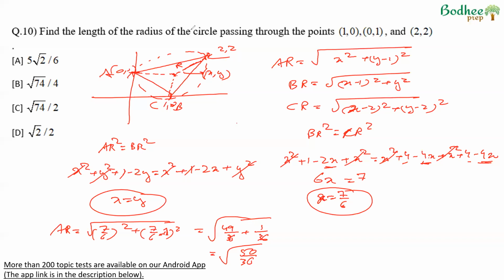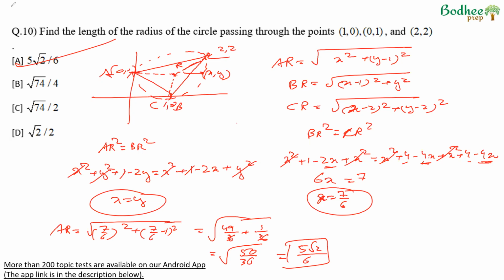Just to clear this up, this is the (y minus 1) square. What I've done is put the value of x into the equation for the radius. 50 can be written as 5 root 2, and root 36 is 6. So the radius AR becomes 5 root 2 by 6. Option A becomes my answer.